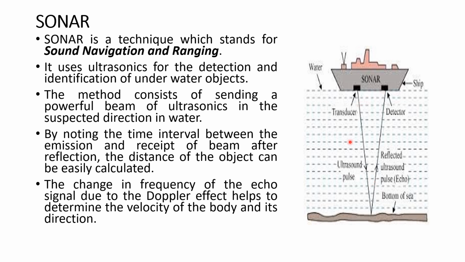This is the change in the frequency of the echo signal due to the Doppler effect. This change in the frequency of the received reflected signal helps to determine with what velocity that body is moving and in what direction it is moving. So that is the sound navigation and ranging system.